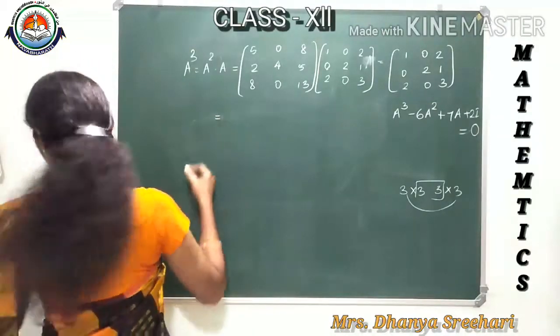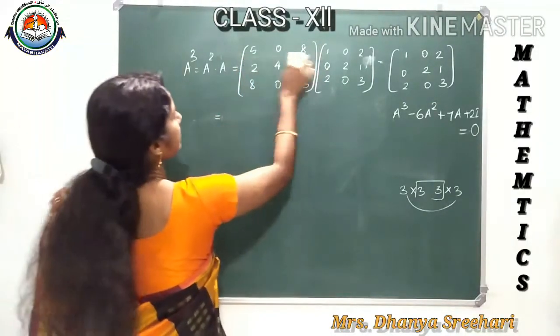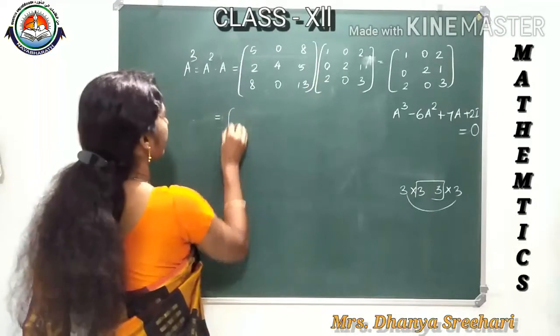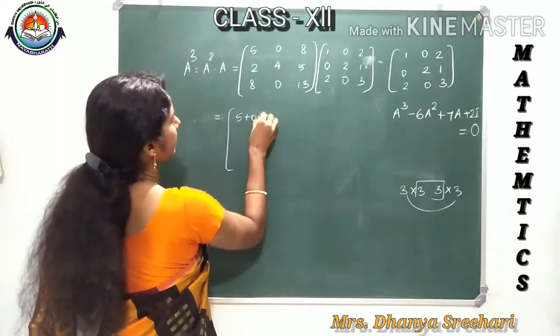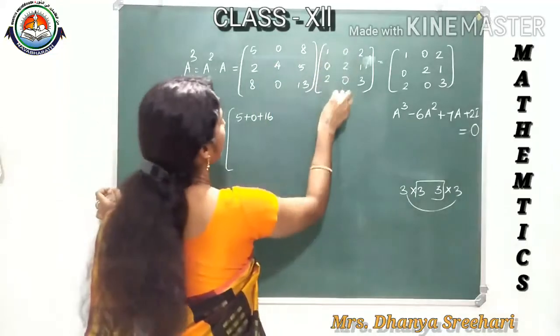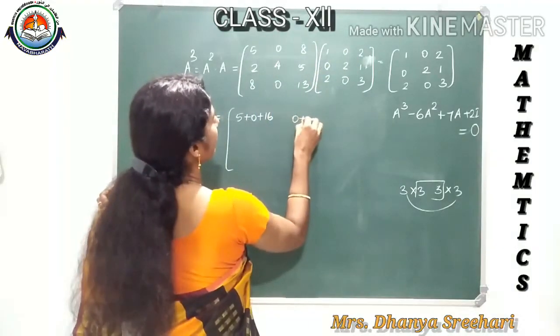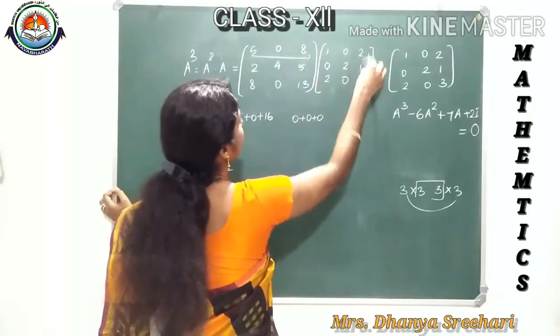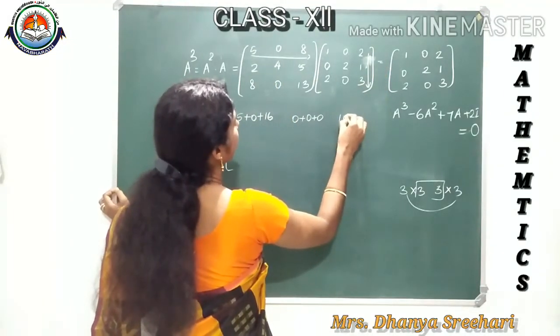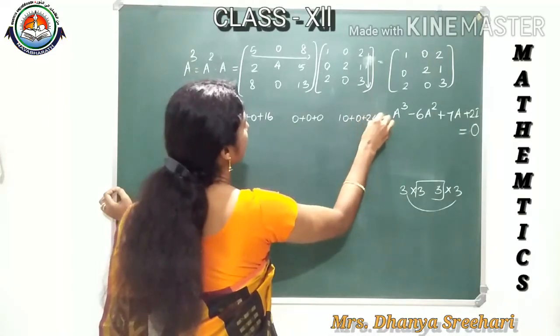Then it is equal to: get the first element, this first row with the first column, 5 plus 0 plus 16, and the next one 0 plus 0 plus 0, and the third element, this row with the third column, 5 2s are 10 plus 0 plus 24.